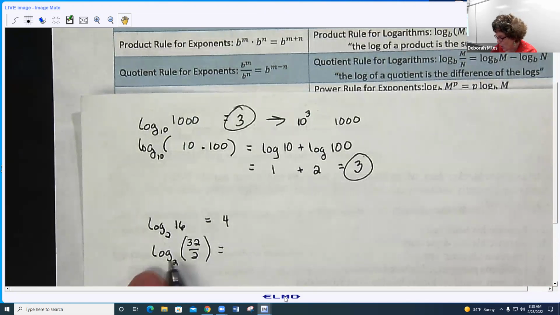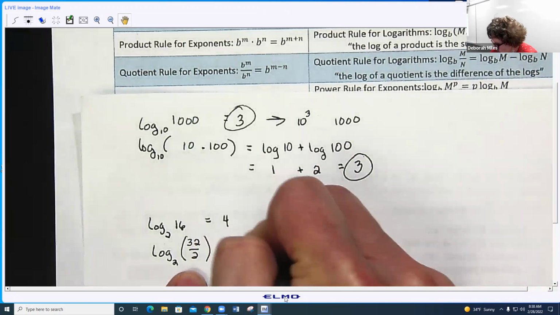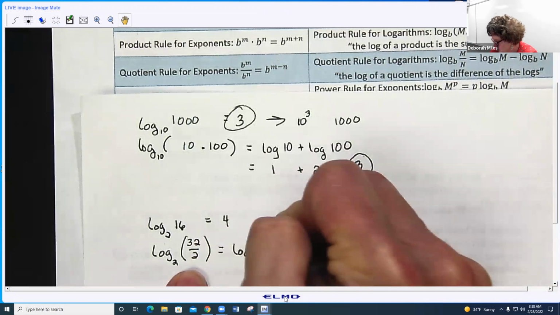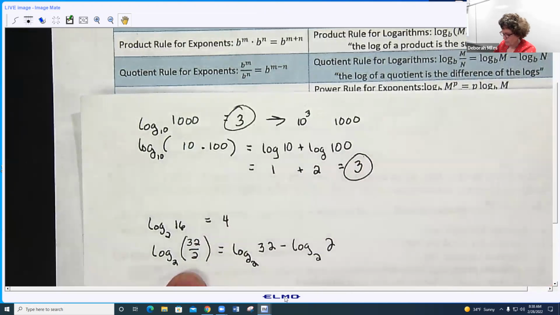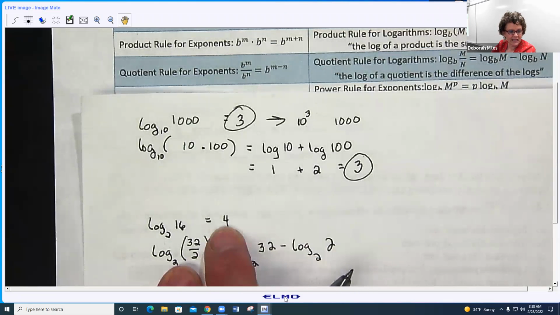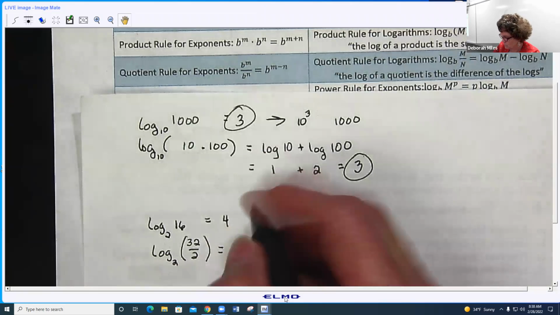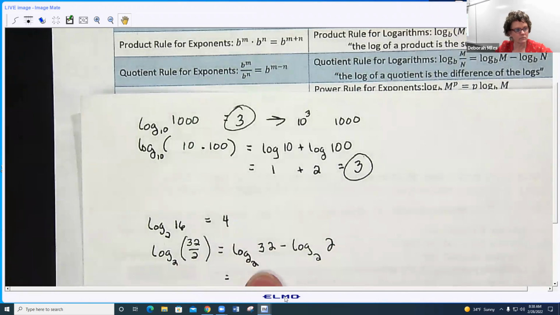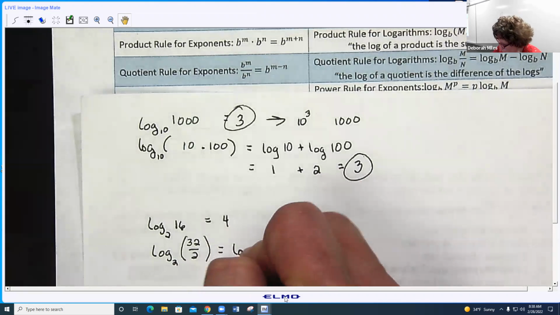If we write the log of a quotient as the difference of 2 logs, we get log base 2 of 32 minus log base 2 of 2. Let's see if we get the same answer. What's log base 2 of 32? Five. 2 to the 5th gives you 32.